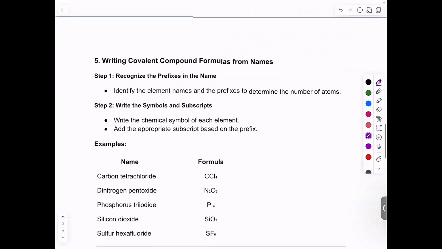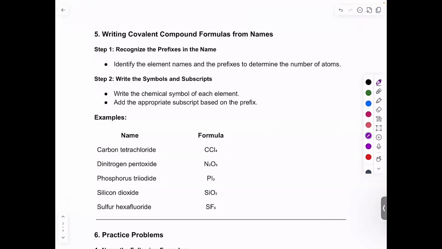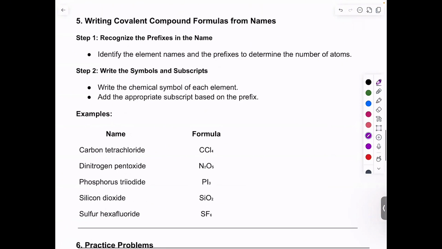Okay, so I think I just mentioned before that when you see Latin prefixes and names that end in "ide," right away these compounds are in the covalent compound category, and you can write them up accordingly. Luckily, you don't have to guess. We basically write the chemical symbol for each element, and then you just add the subscript based on what prefixes you see or lack of.